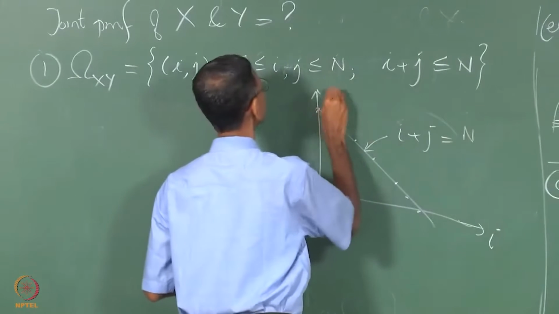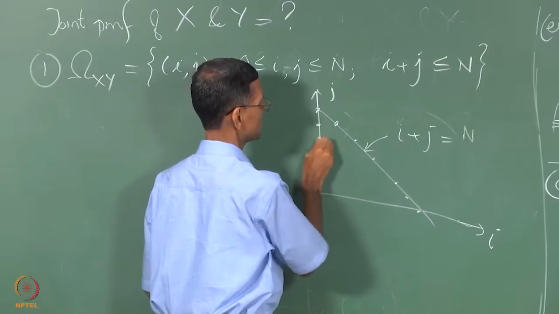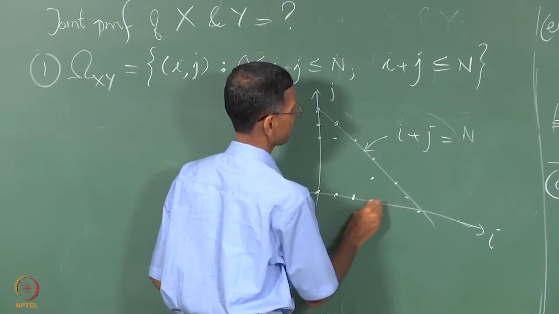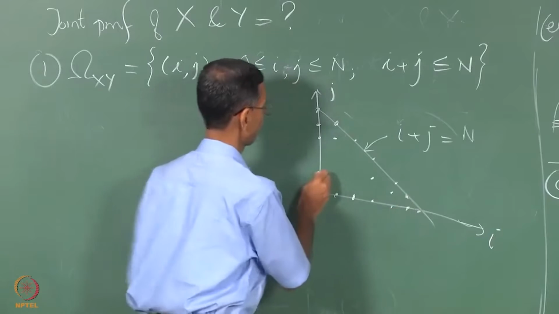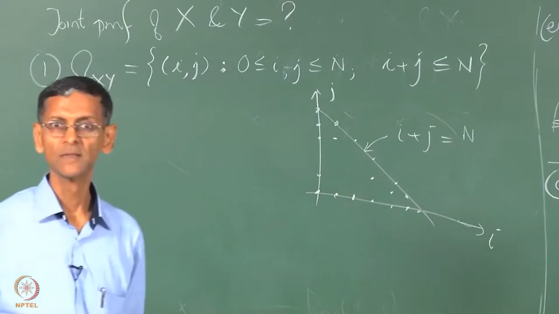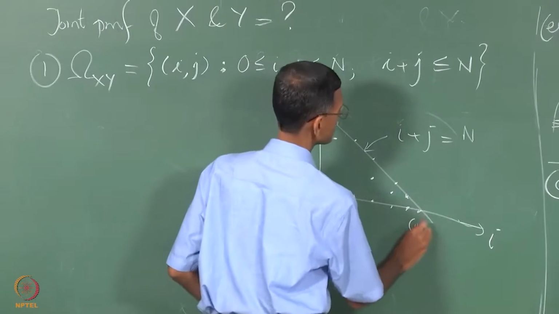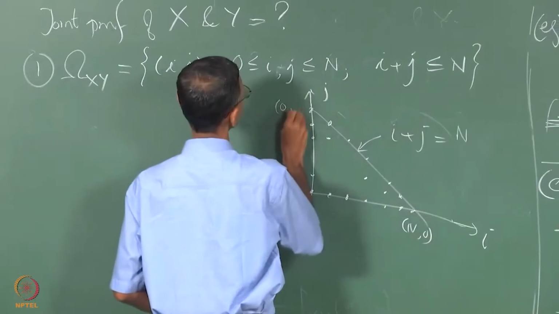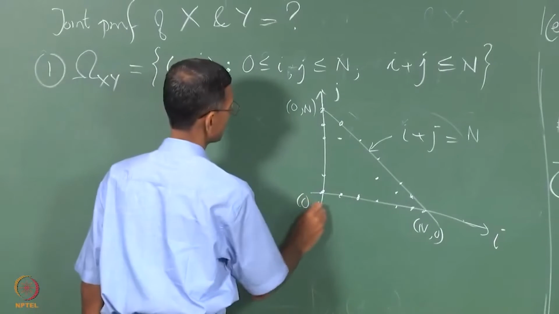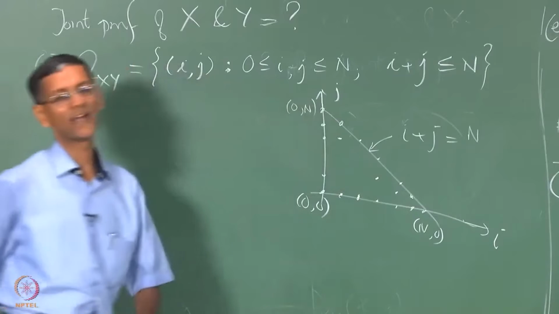It is all these points on a nice grid like this, isn't it? Okay. Just to give you an idea, this is the point n0, this is 0n and so on, and you have 00 here. So, this is the set of points omega xy.